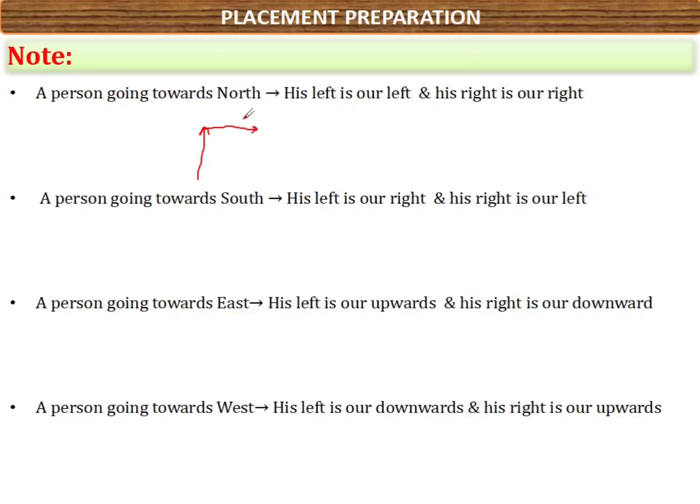Now don't say east, west, north, south and all, okay? Say it in terms of left, right, up, down, because for us left, right, up, down is easier compared to east, west, north, south. Why? Because in our day-to-day life we definitely use left, right, up, down, not east, west, south, north. Suppose you are not getting what I am trying to say, let me give an example.